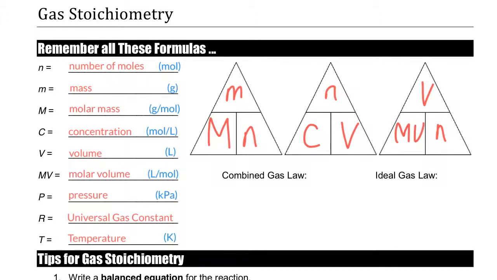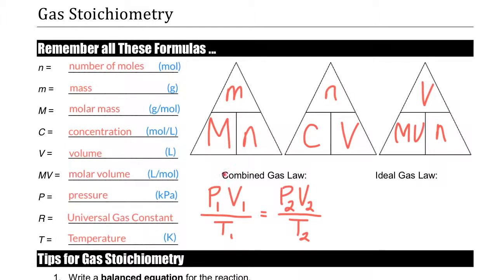The next thing we talked about with gases was pressure, measured in kilopascals, the universal gas constant, which has its own value, 8.3145, and the temperature. And remember, temperature is measured in Kelvin, not degrees Celsius.